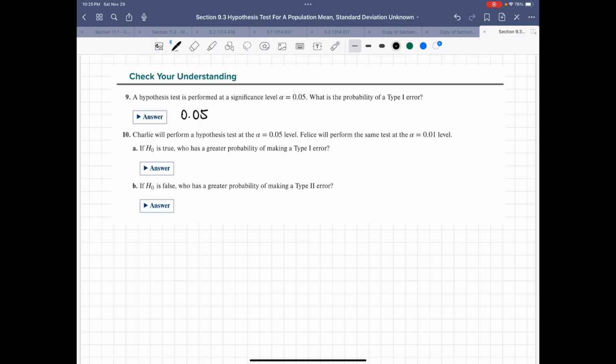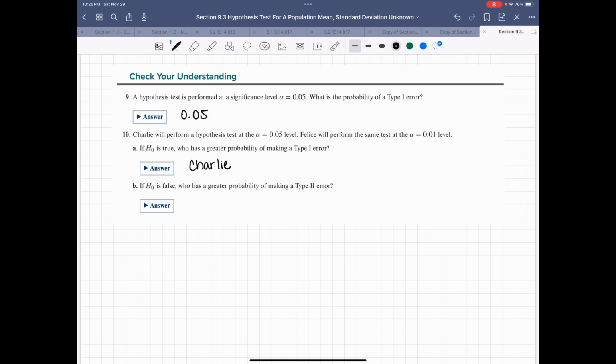Felice will perform the same test at the alpha equals 0.01 level. If the null hypothesis is true, who has a greater probability of making a type 1 error? That's going to be Charlie, because he has the higher alpha. His alpha is greater than Felice's.